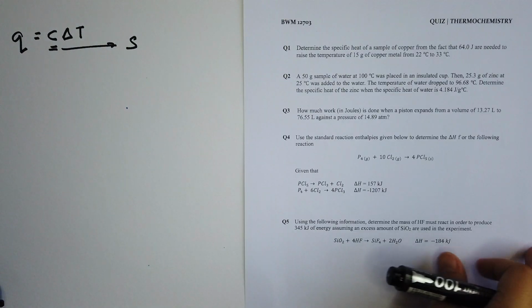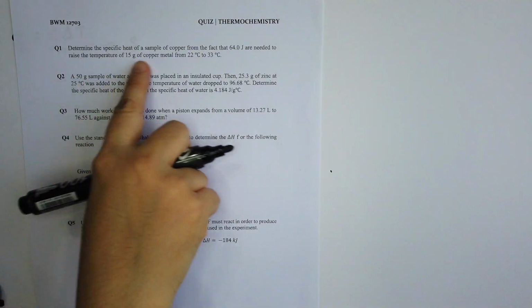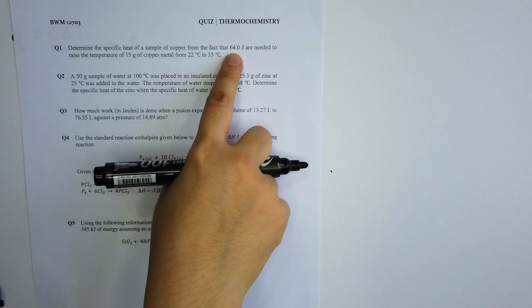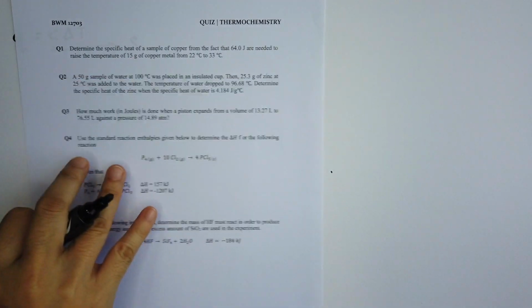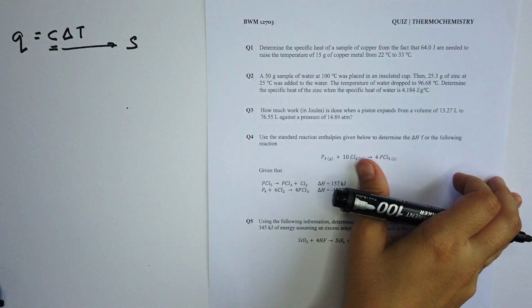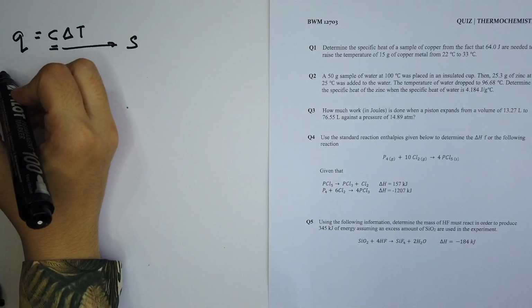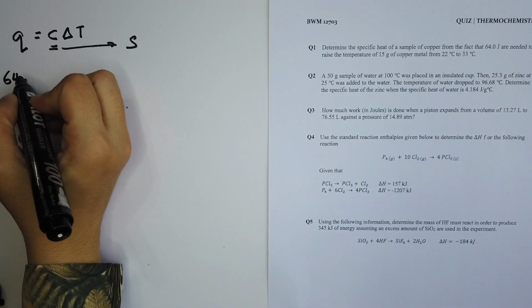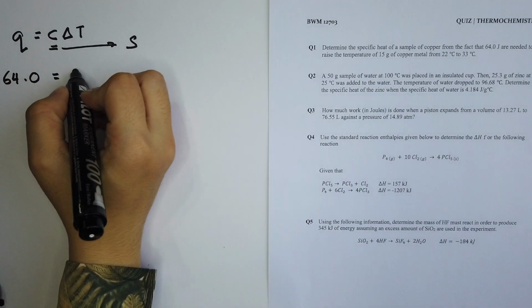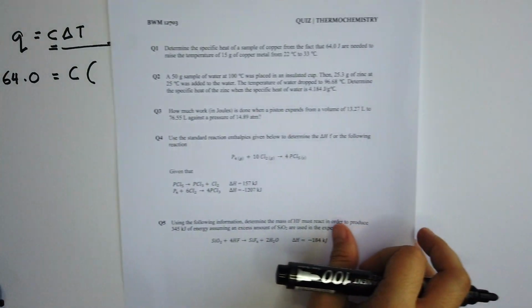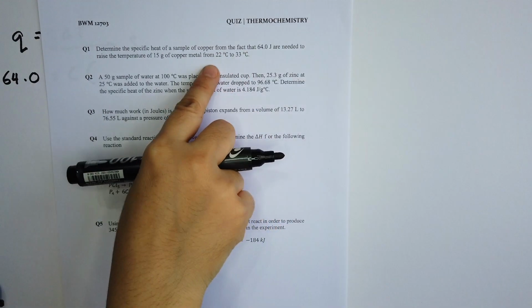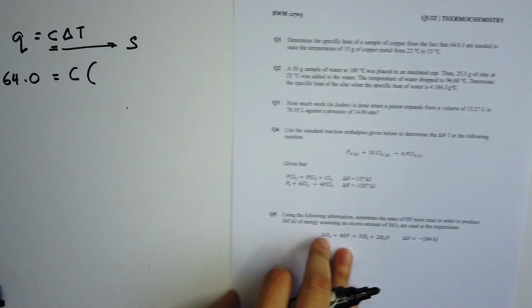From the question, 64.0 joule are needed to raise the temperature of 15 gram from 22 degrees Celsius to 33 degrees Celsius. So your Q should be 64.0, and C is the one you want to calculate. What is delta T? Delta T is the final temperature minus the initial temperature.